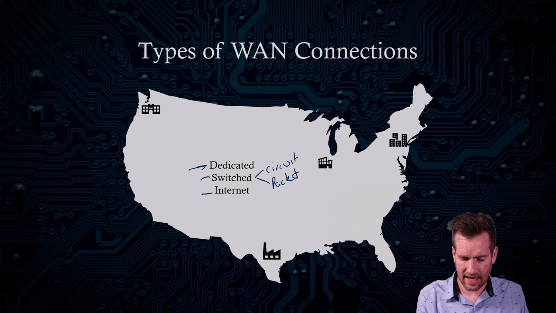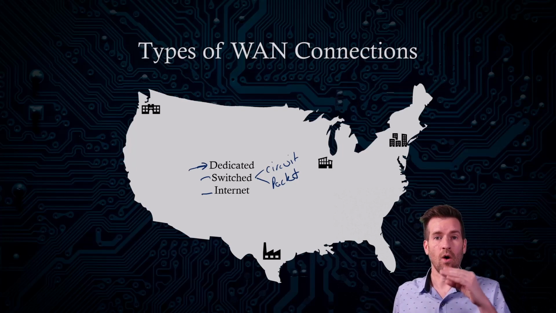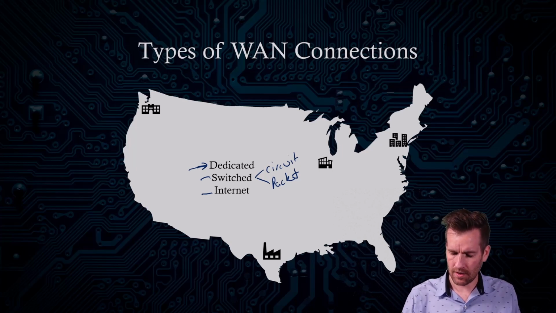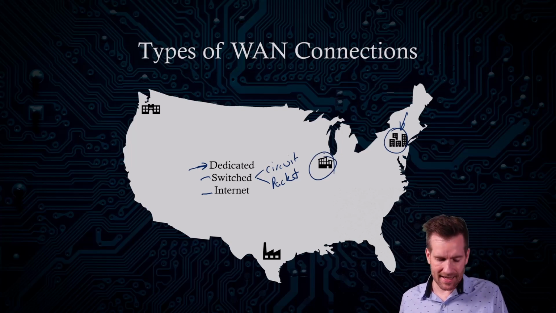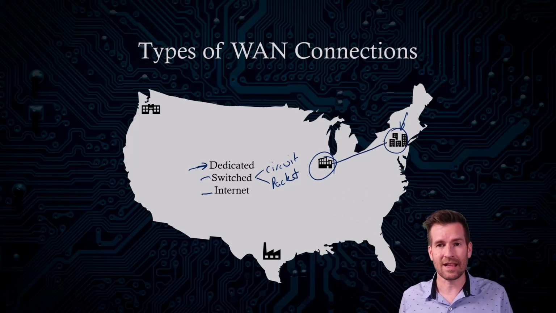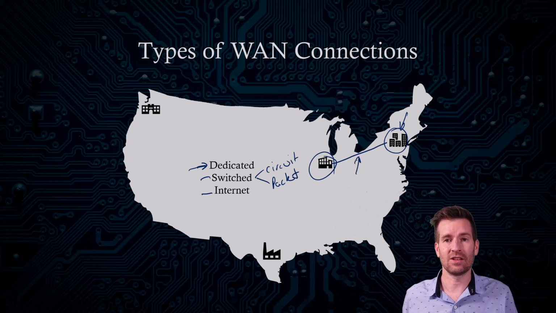First of all, dedicated. Dedicated means that you have a line that only your data communicates across. So an example here is maybe I have a headquarters here in New York. Maybe there's a satellite campus in Chicago. I have a dark fiber that's stretched between the two. Now this is a dedicated line between them.